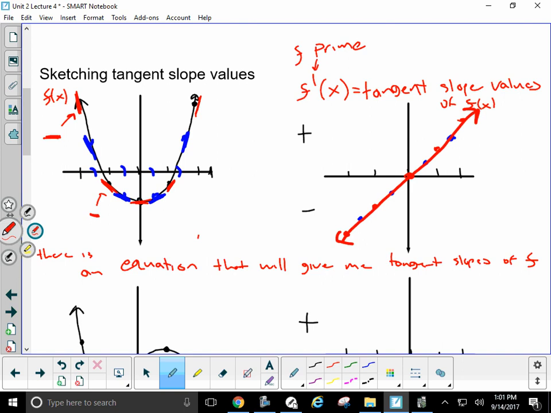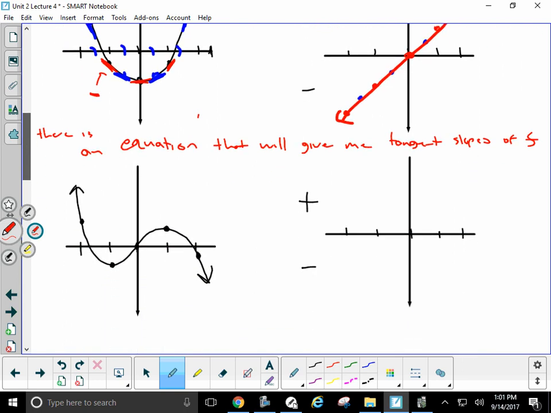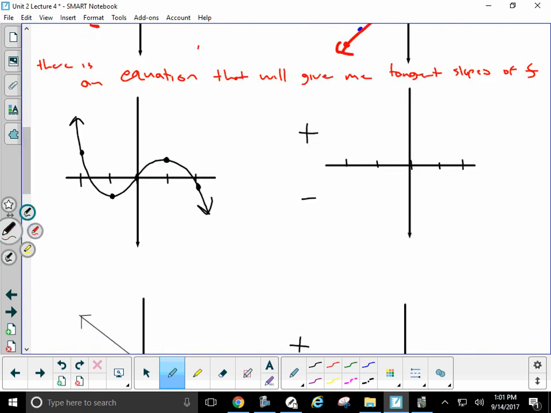Now, this is a line. So maybe all of these tangent slope equations will look like lines. Well, let's look at some other different types of f of x's like this one. Let's go ahead and graph by first starting with 5 distinct points, 1, 2, 3 right here, 4, 5, graphing the tangent slope values.